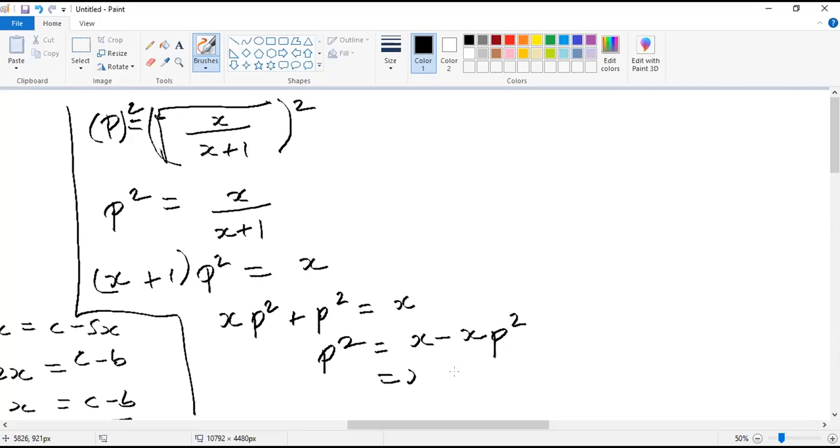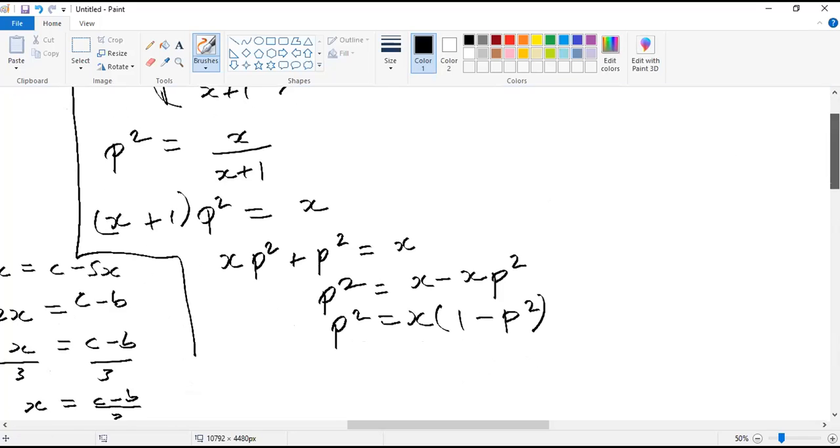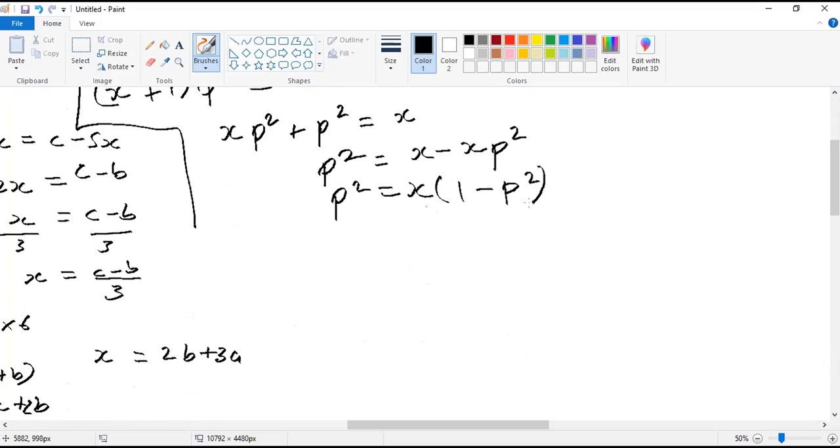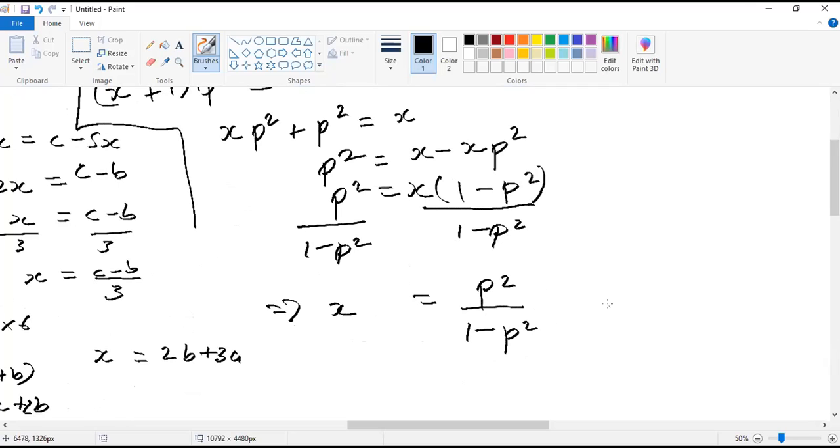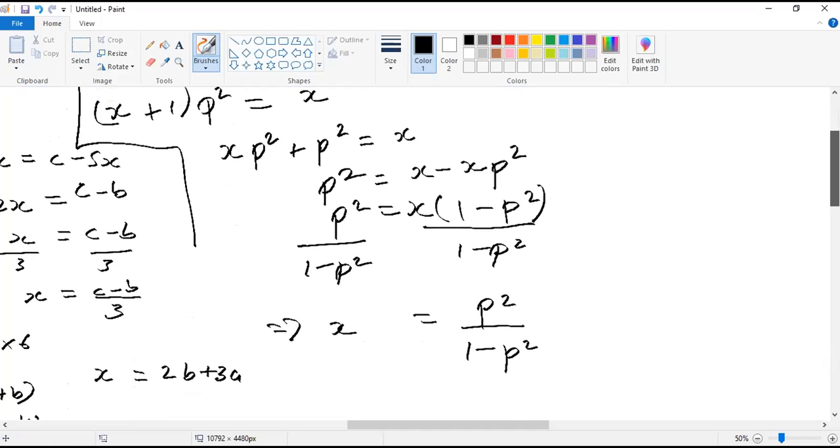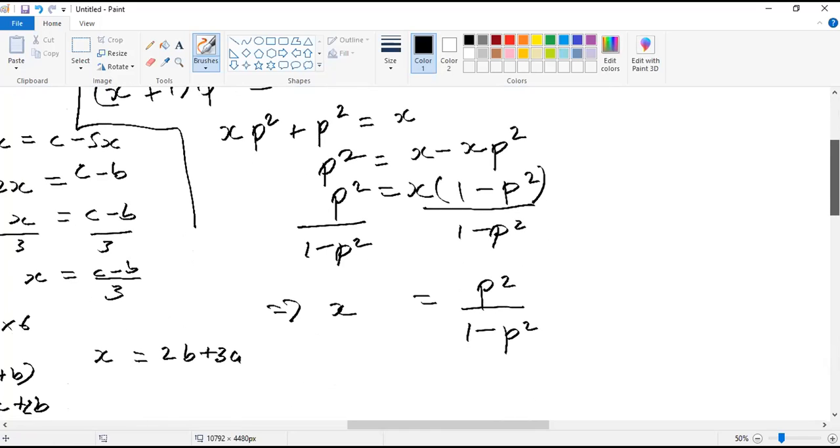Then we factorize and divide both sides by 1 minus p squared. So in essence, we have x equals p squared over 1 minus p squared. And that's how you do the ones with the square root.